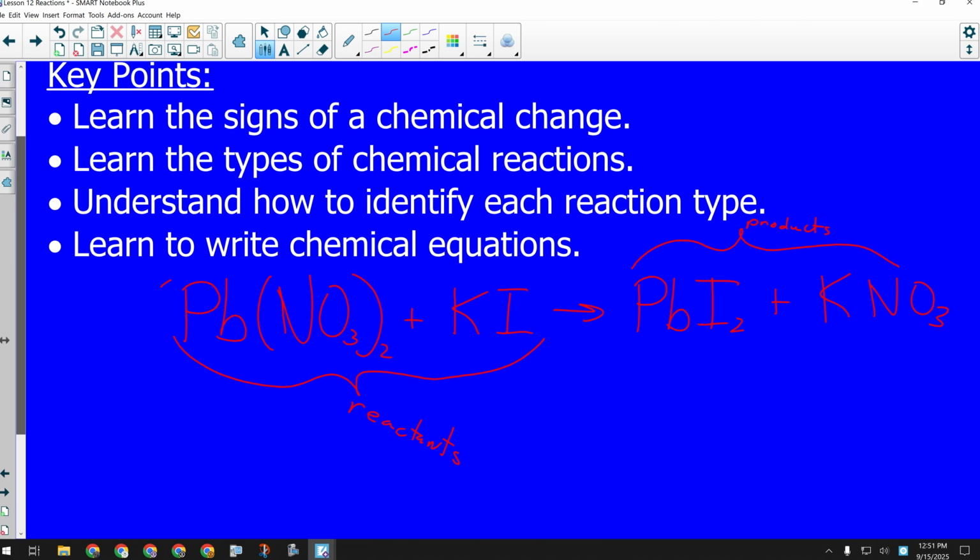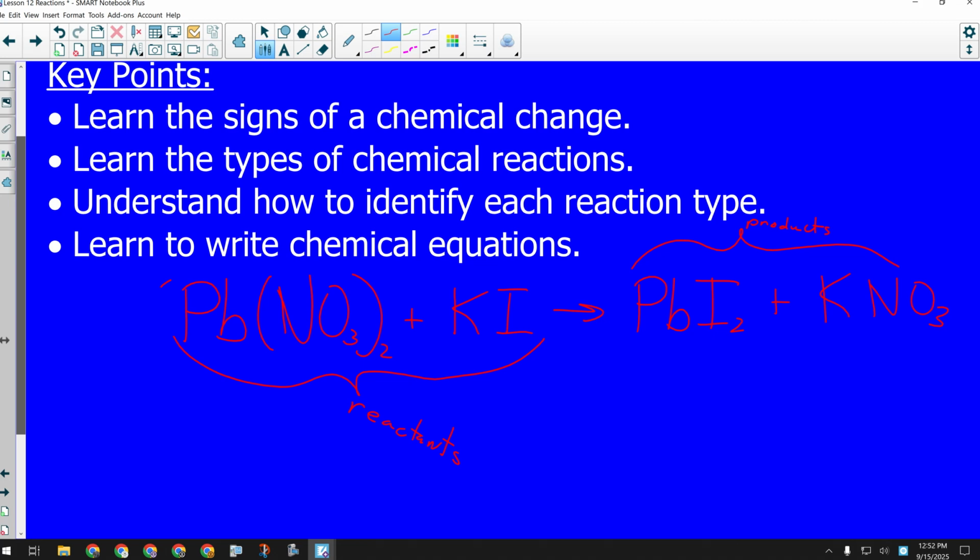Now, the other thing we have to make sure that we do in a reaction is that we don't create or destroy any matter. In this reaction, I destroyed and created matter both, according to the way I wrote it. How many nitrates are there on this side? 2. How many on that side? 1.